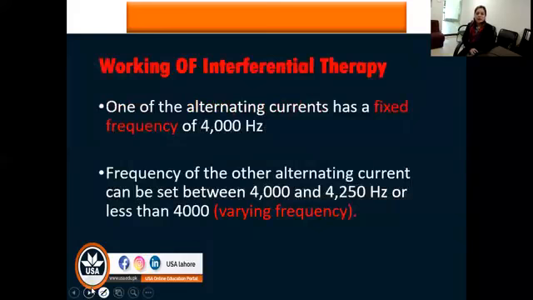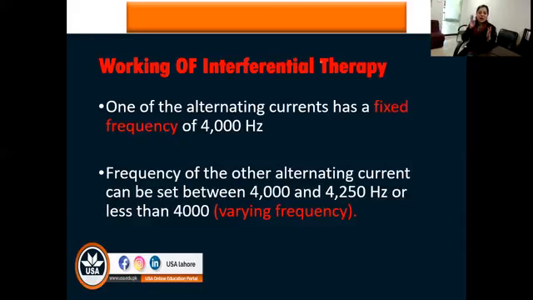Now moving towards the working of interferential therapy. Here I am going to give you some numerical examples according to which you will be able to better understand and be clear about interferential therapy and its working. For example, initially I told you that there are two types of medium frequency current, this one is one medium frequency, this one is the other medium frequency.